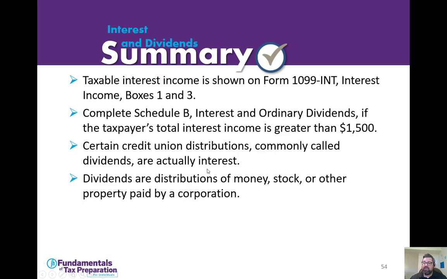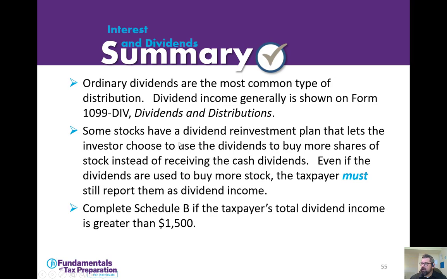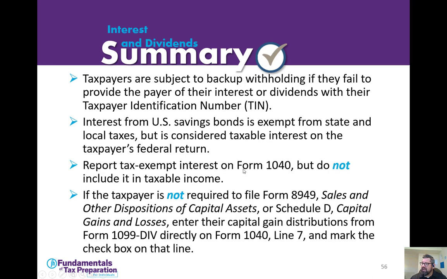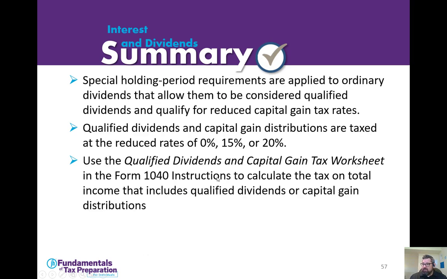There are a couple different kinds of dividends: ordinary dividends and qualified dividends. This goes into Schedule B a little bit more, and goes over the bonds and everything that we did discuss. There are holding periods having to do with dividends.